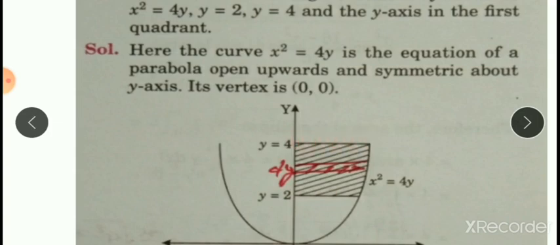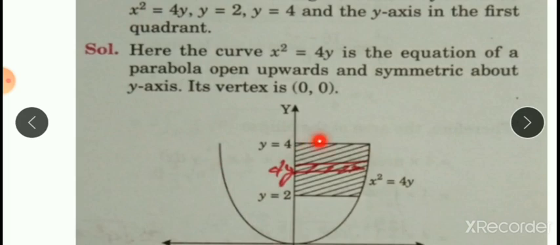If you want to draw this graph, you can substitute x equal to 0, 1, 2, minus 1, minus 2. Corresponding y you will get. After that you can draw this graph.